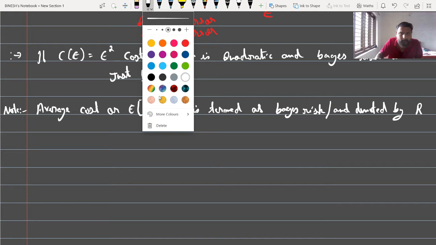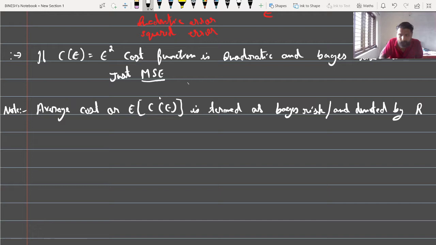So in that case, this is the cost function, cost of e. In this case the cost of e is the modulus of e, that is, absolute error.